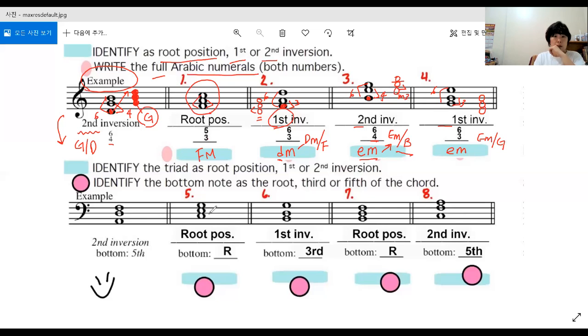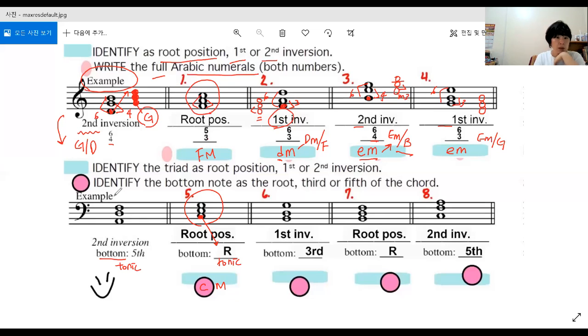So here, this is root position. The bottom one will be the root, which is tonic. So this is a C major, right? The bottom is the tonic.